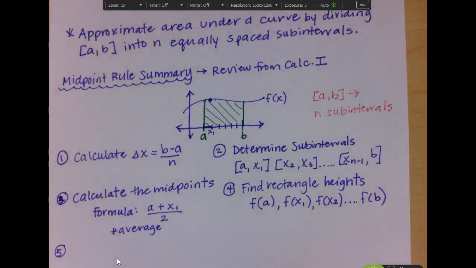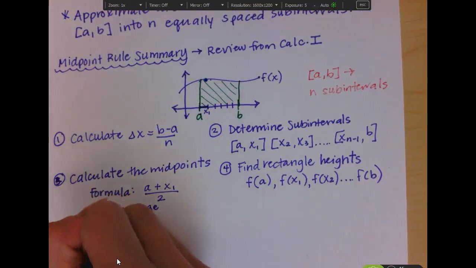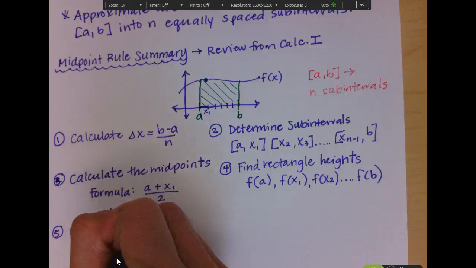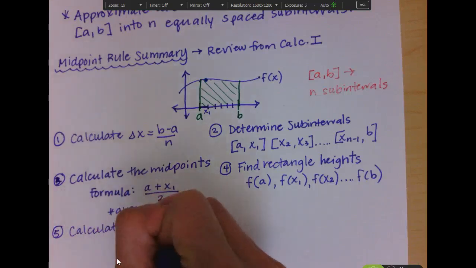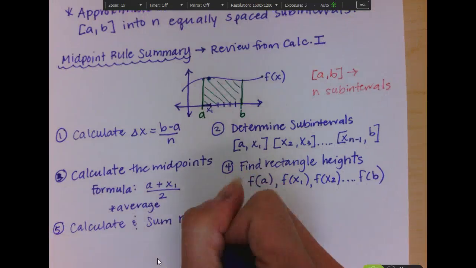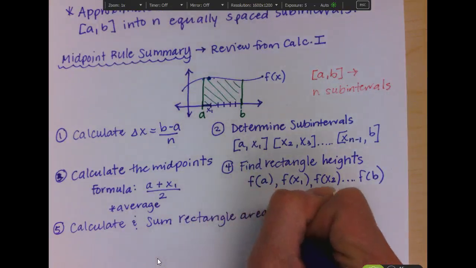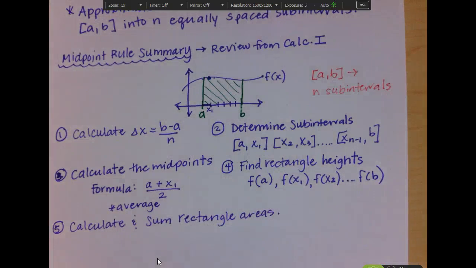Finally, I'm ready to calculate the area of each rectangle. So I'm going to say that I'm calculating and summing all of my rectangle areas. Alright, so I'm going to give you a quick shortcut.